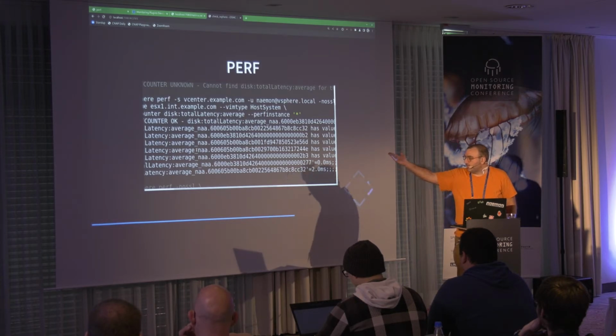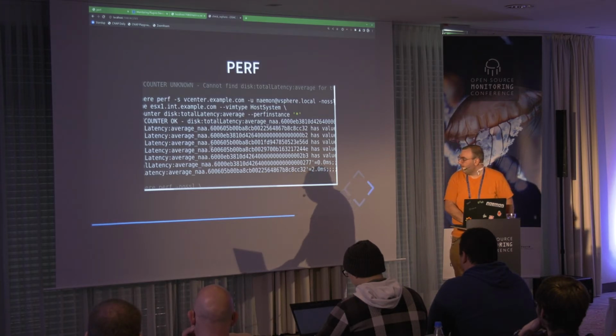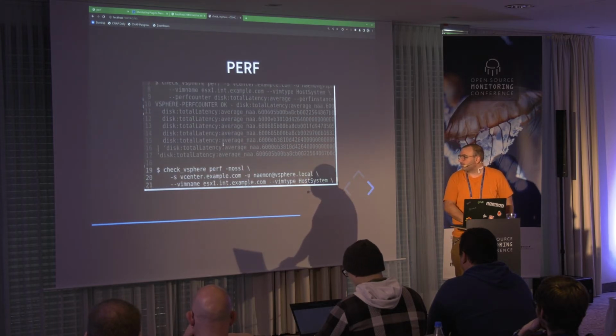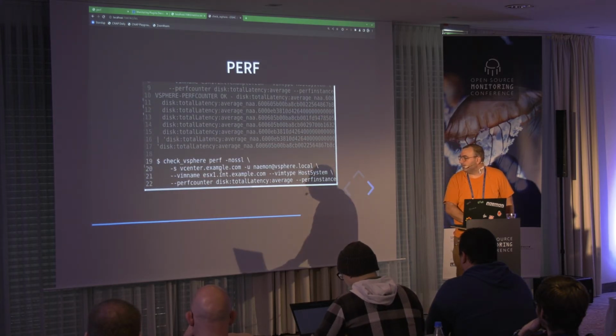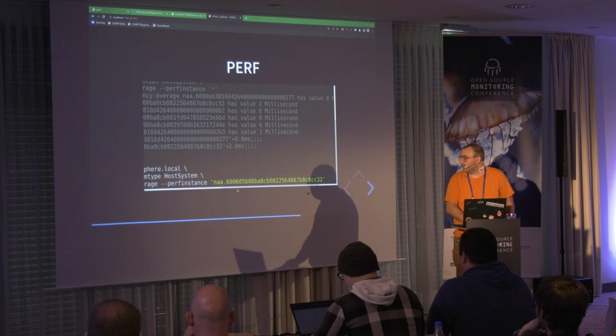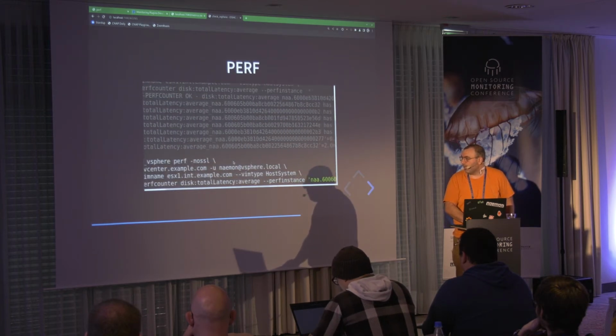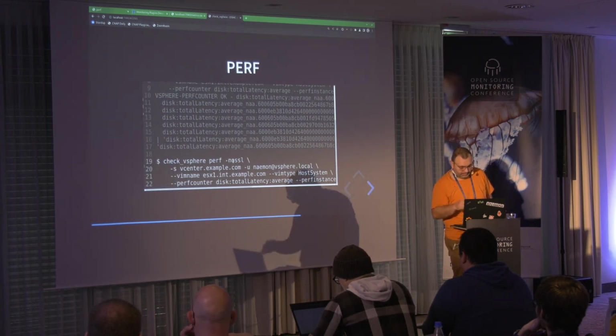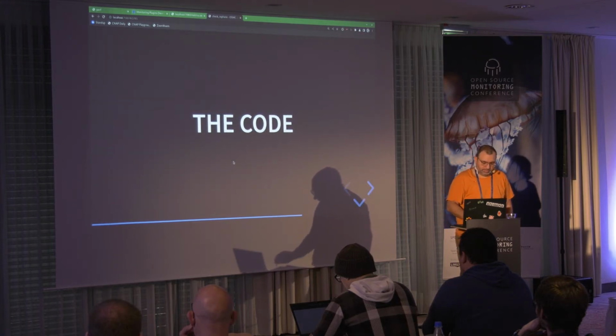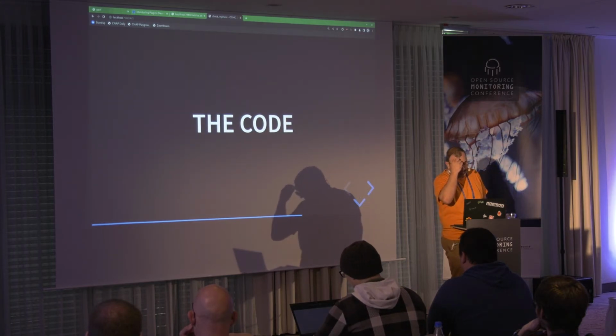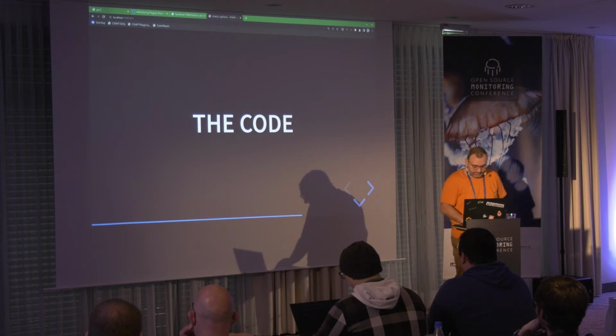Yeah, I can't help it, the disks have these stupid names, so I have to display them. And you can also just check this one disk, for example. So this is the new stuff for the performance counters.